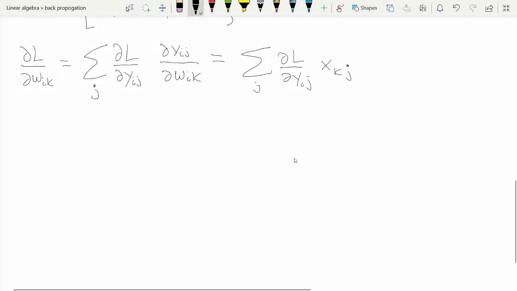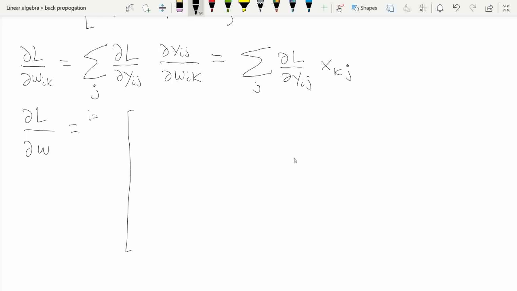So now if we write out the whole matrix for del L by del W, on the first row i is going to be equal to 0, and in the first column k is going to be equal to 0.